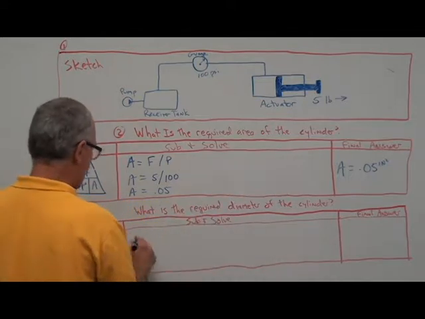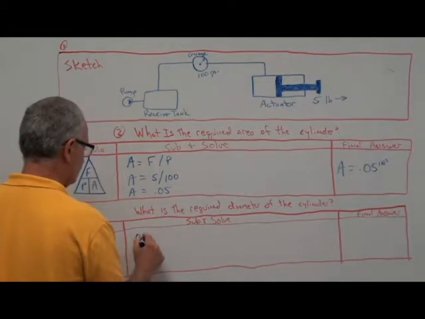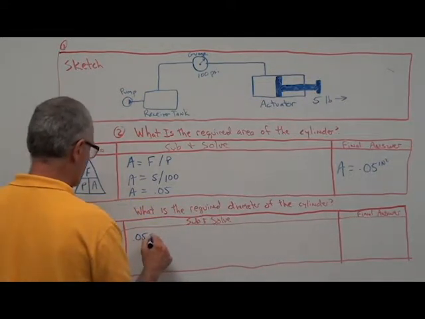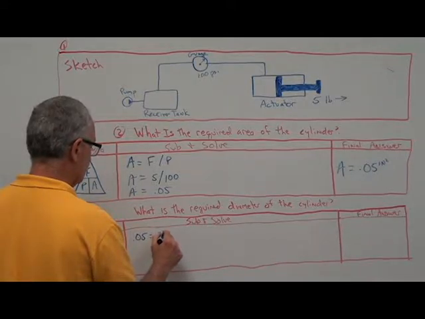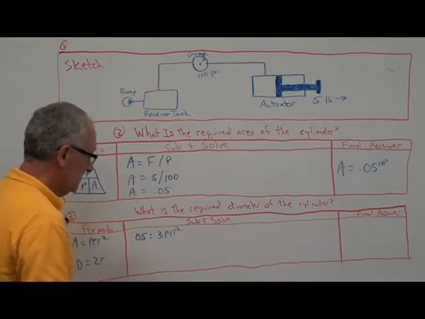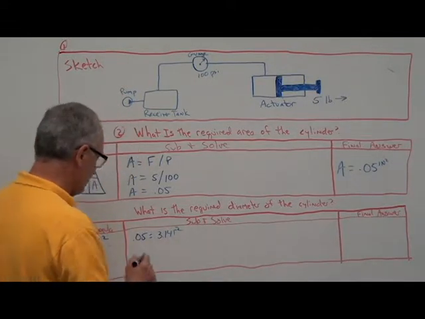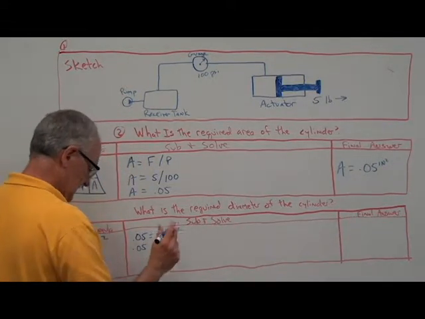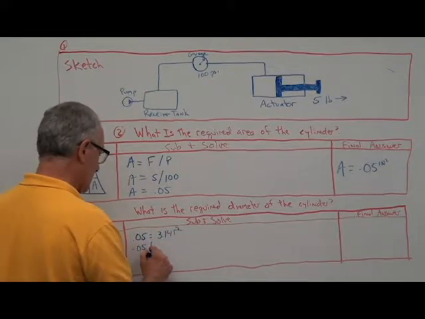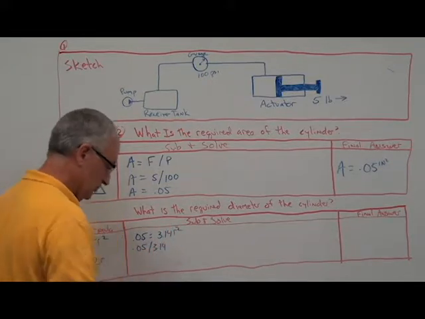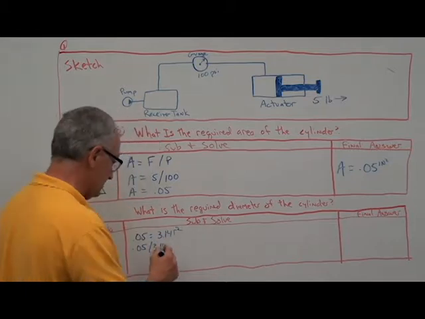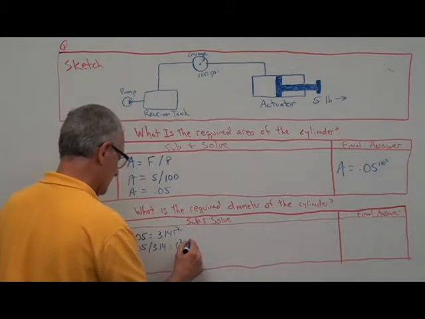So I know I got 0.05 for my area, and that is going to be equal to pi r squared. And so what I can do next is I will take the 0.05 and I'm going to divide it by my pi, and we are going to use 3.14 for our calculations, and that's equal to r squared.